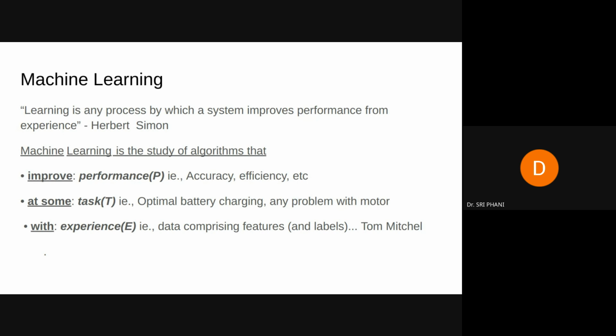So this performance is measured with some sort of metric, and that metric has to give a lower value on a given task with the given data. Then you can say that that is a machine learning model.